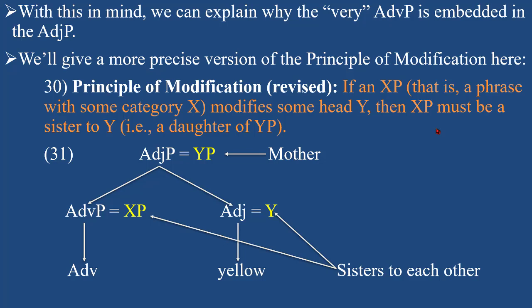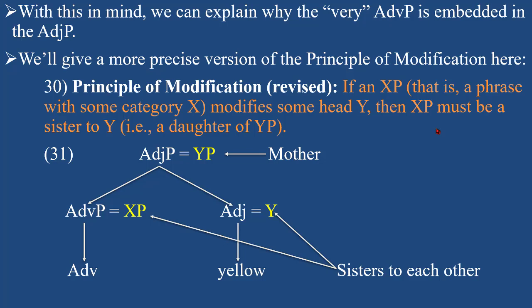We will give a more precise version of the principle of modification that we stated earlier. We're going to revise it. If an XP, that is a phrase with some category X, where X is the head and gives the name of the category, modifies some head Y, then the XP must be a sister to Y, daughters of YP.